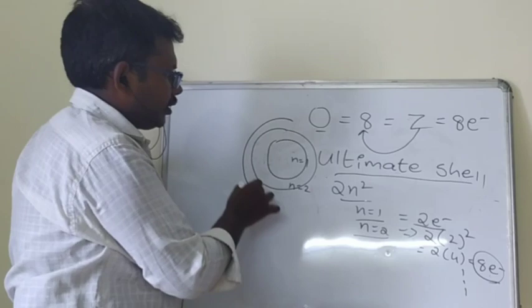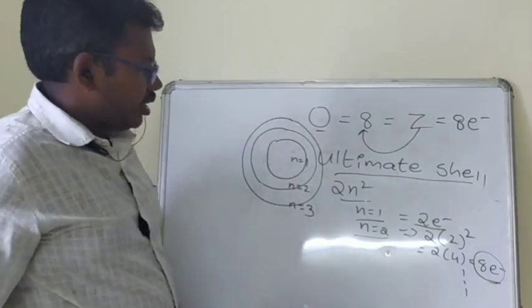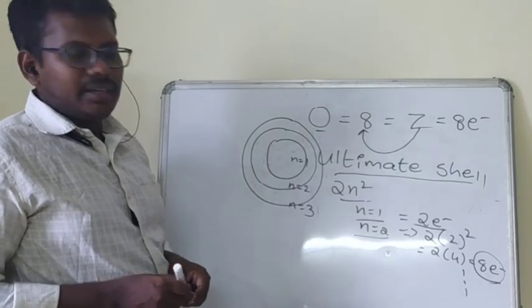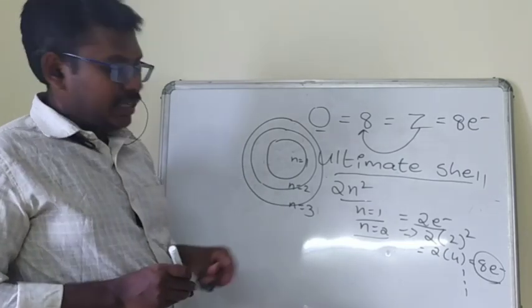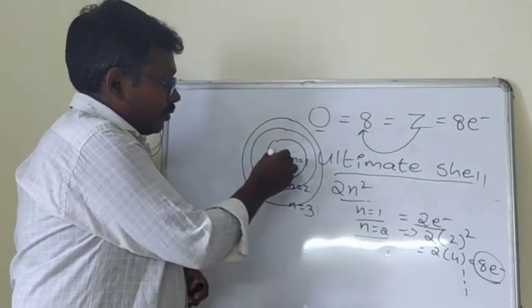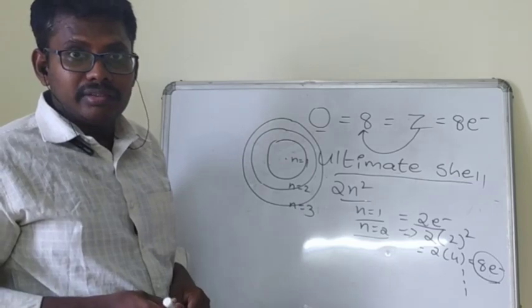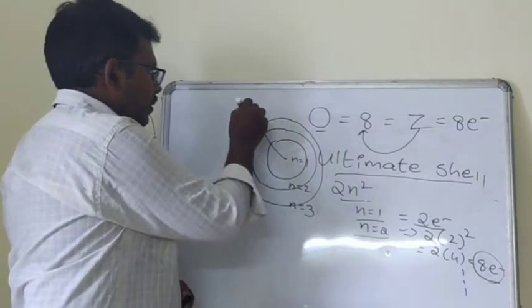Now the third orbit, n value 3. Compulsorily you want to keep one center point here. The center point of the atom is called the nucleus.